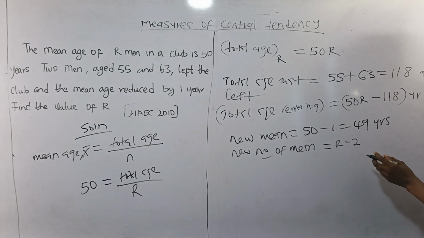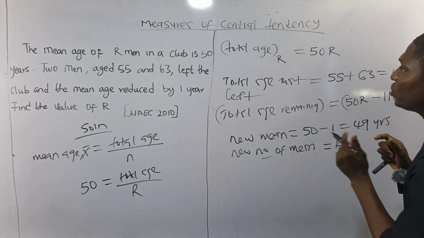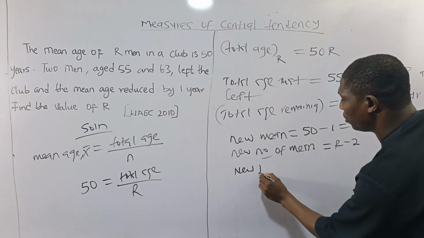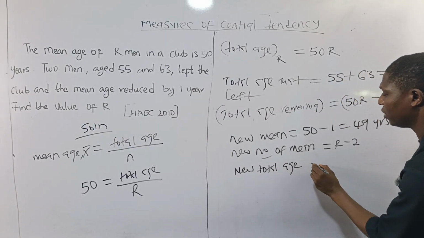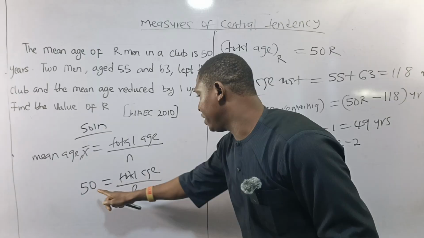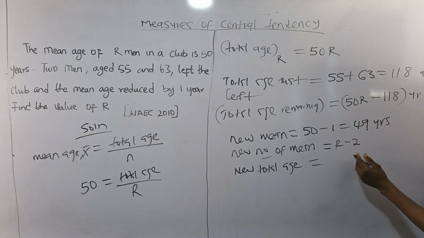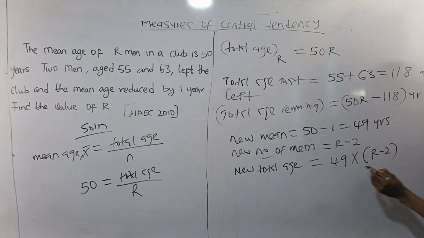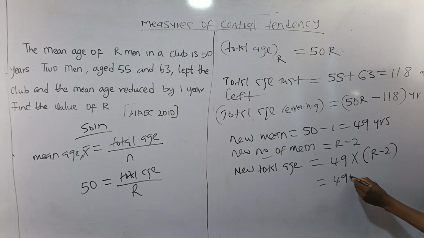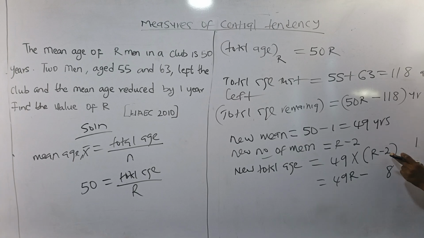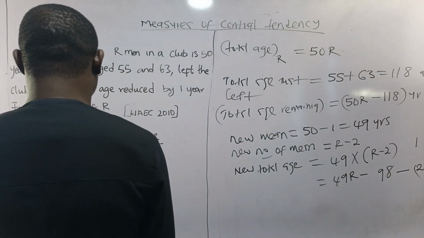Our new total age will be equal to the new mean times the number of men left, which is 49 times (n minus 2), which can be written as 49n minus 98. So this can be equation 2.